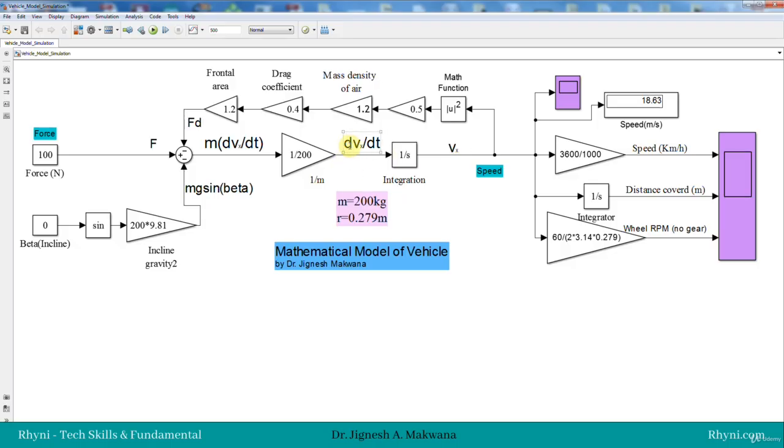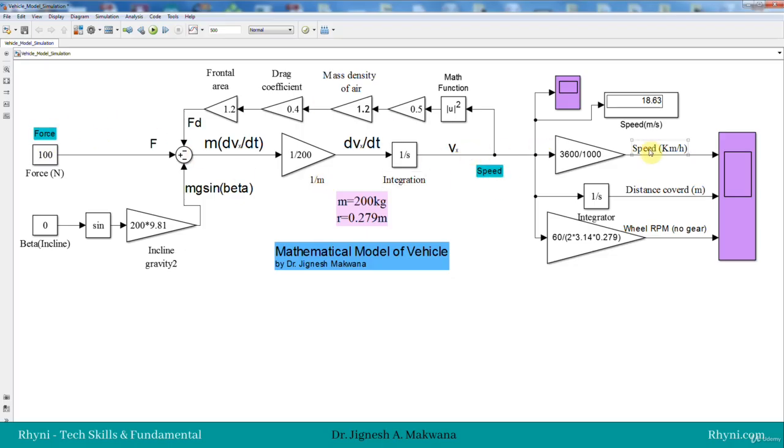So the integration of dv by dt is Vx. What we want to predict is, if we apply a certain amount of force, what will be the speed. Here the force is constant, steady state, but in actual performance it will vary. We will see later how we can do this, but this is the vehicle simulation: for the applied force, what will be the speed?